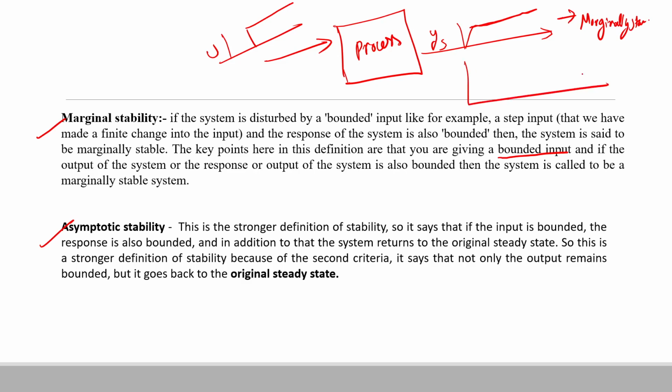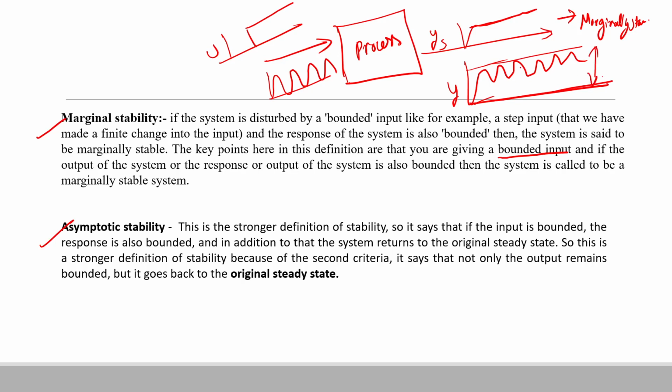It might happen that the input is, let's say, sinusoidal or some kind of oscillatory input, and then ys can also be sinusoidal. But over here we can see that the maximum value as well as the minimum value is bounded within this range.